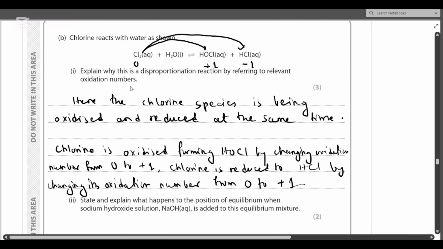So since it's going to react with HCl, the overall product concentration is going to decrease, allowing more reactants to react and favoring the forward reaction.